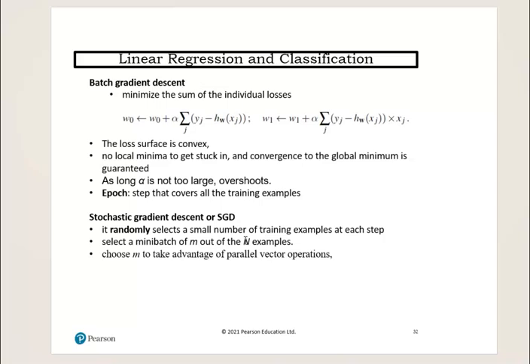For example, if we have 10,000 training examples, we can select a mini batch size of 100. Then on each step, we have reduced the amount of computation by a factor of 100, because 10,000 divided by 100 is 100.